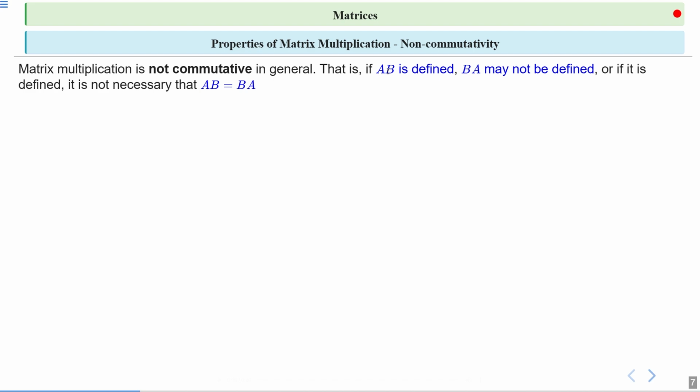So this is a key distinction from regular multiplication of numbers where the order doesn't matter. Clear? That is, if AB is defined, BA may or may not be defined, or if it is defined, then it is not necessary that AB is equal to BA. Clear?